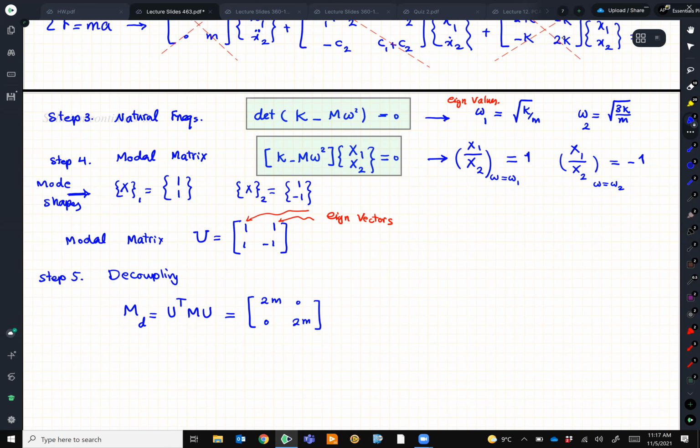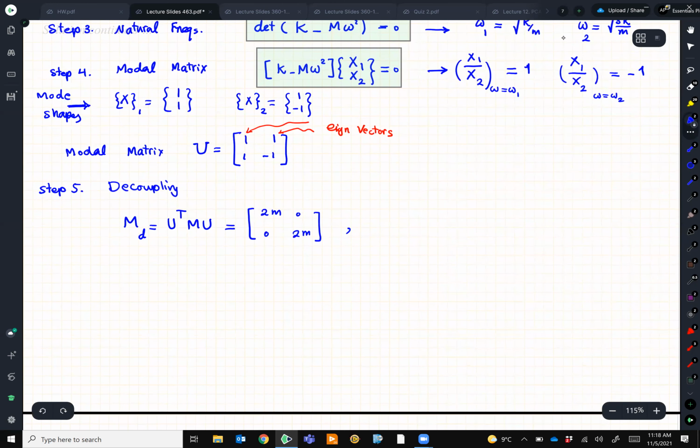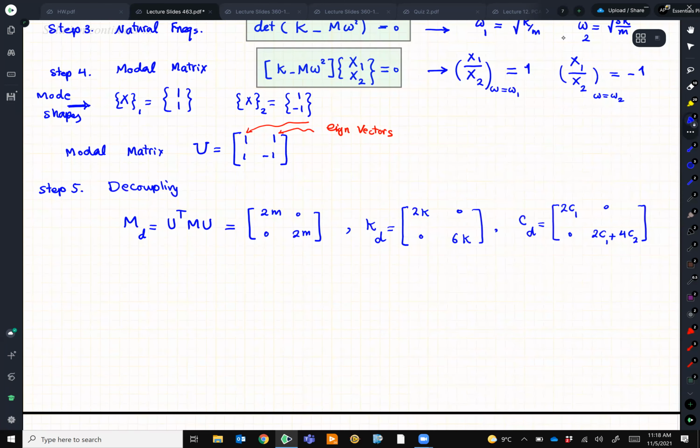You repeat the same thing for K, which will give you 2K, 0, 0, and 6K. And damping will give you 2C1, 0, 0, 2C1 plus 4C2. Please, again, go home and check my calculation, make sure that I didn't miss anything and the numbers are correct.